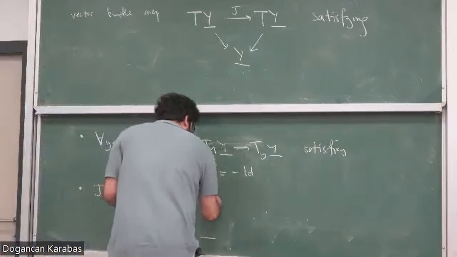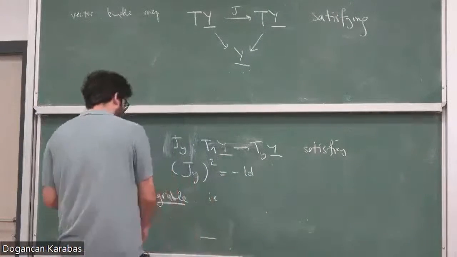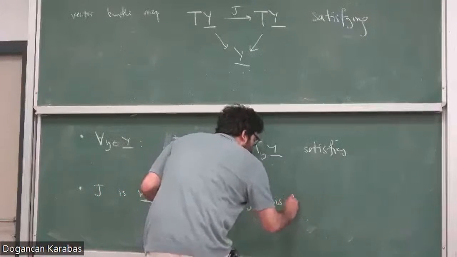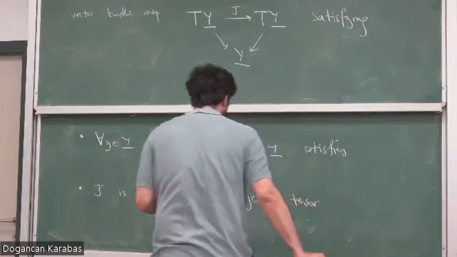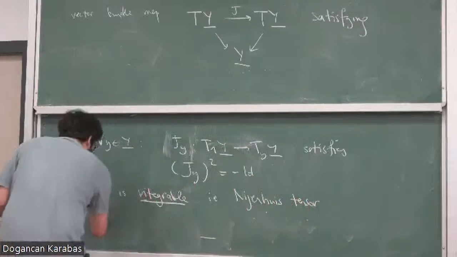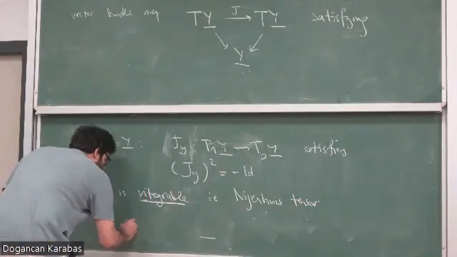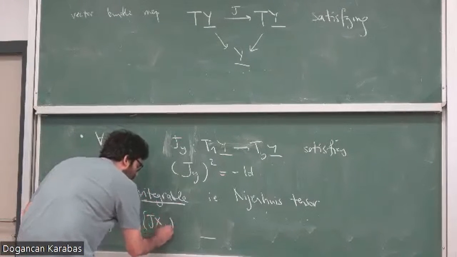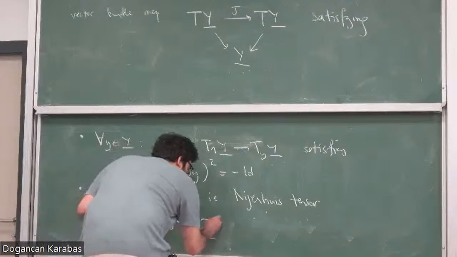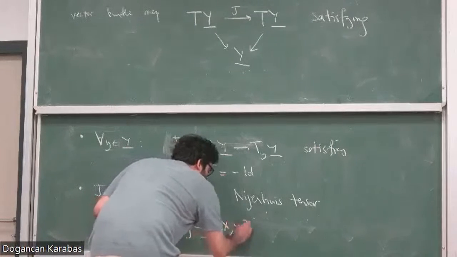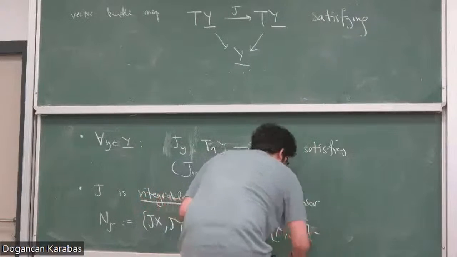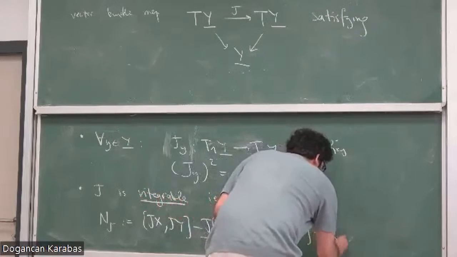And just to write what this means: the Nijenhuis tensor, it's some particular tensor, N_J. There's a formula for this guy: [JX, JY] minus J[X, JY] minus J[JX, Y] minus [X, Y], I think.